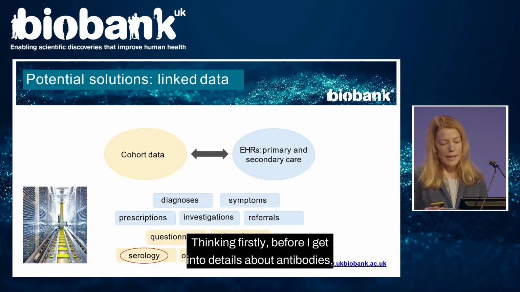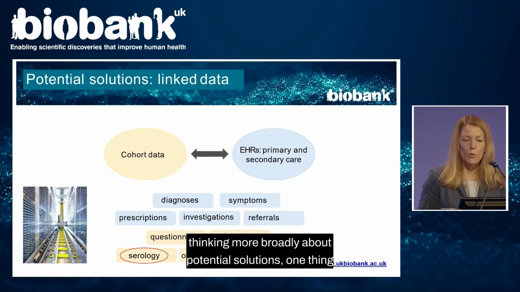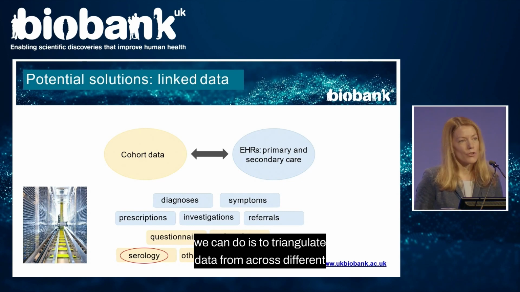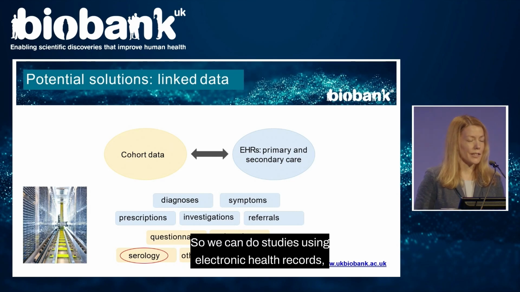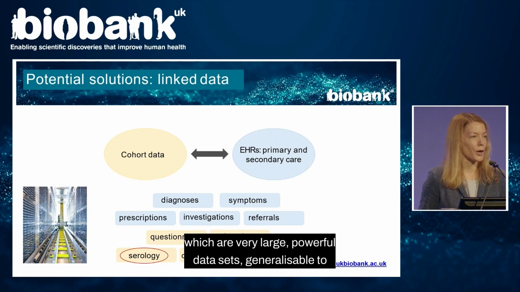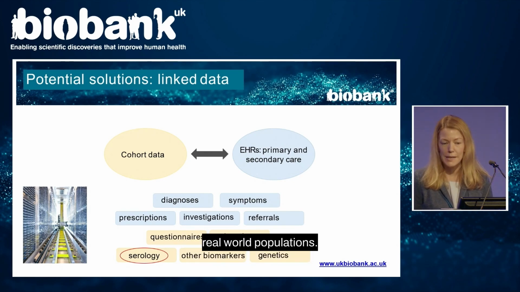Thinking firstly, before I get into details about antibodies, thinking more broadly about potential solutions, one thing we can do is to triangulate data from across different types of research studies using different data sources. So we can do studies using electronic health records, which are very large, powerful data sets, generalizable to real-world populations.